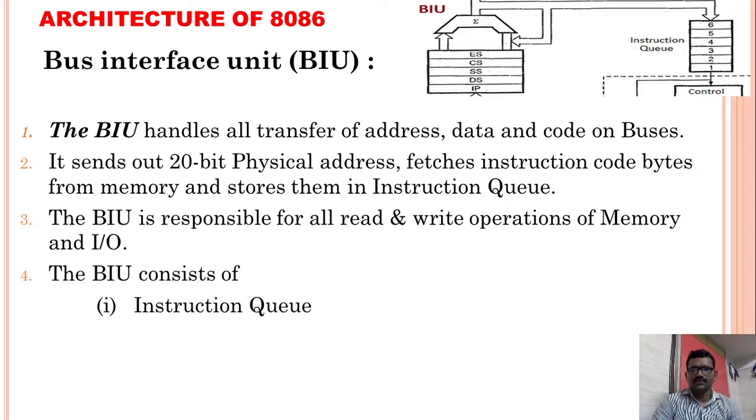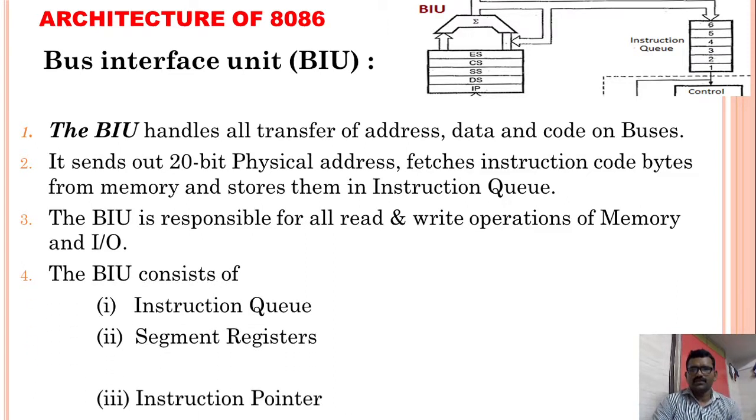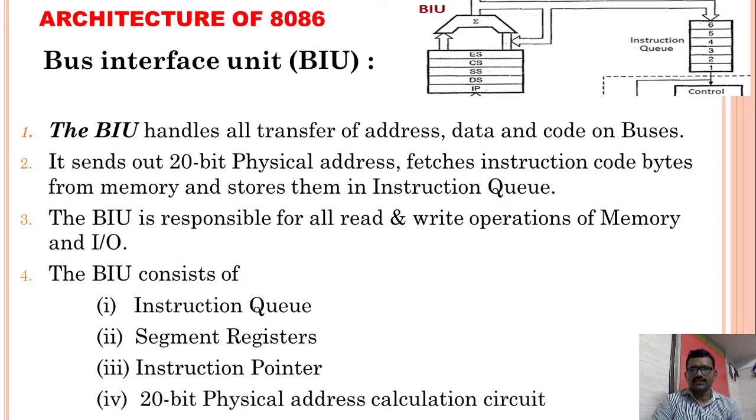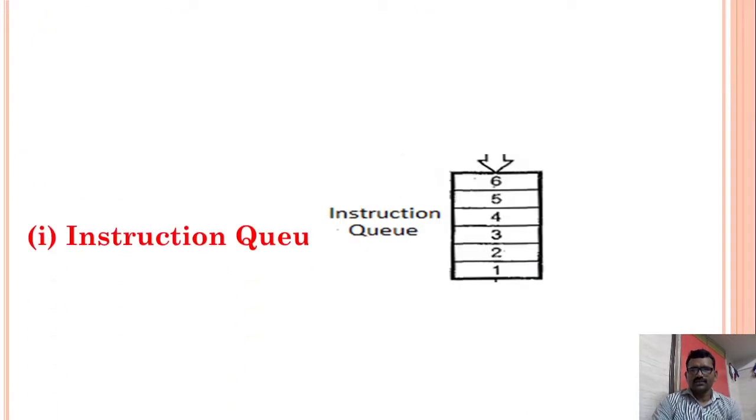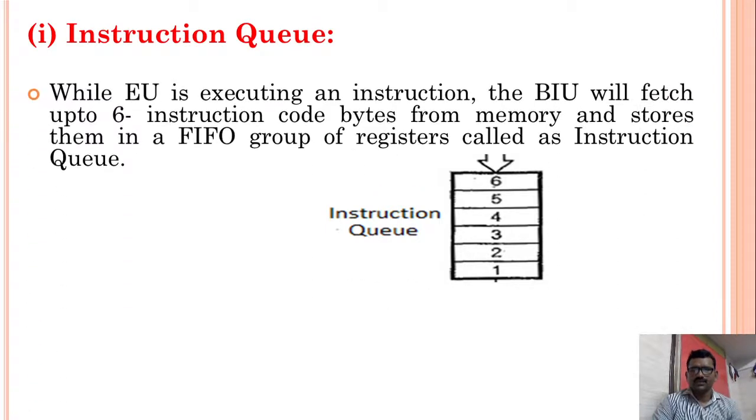The BIU consists of the instruction queue, segment registers, instruction pointer, and 20-bit physical address calculation circuit. Coming to the instruction queue, while the EU is executing an instruction, the BIU will fetch up to 6 instruction code bytes from memory and store them in a first-in first-out group of registers, which we call the instruction queue.